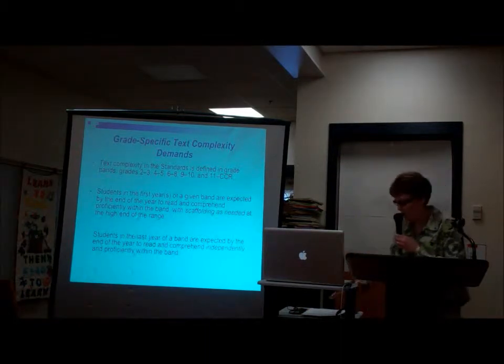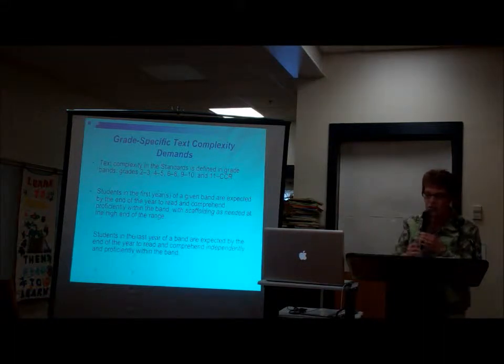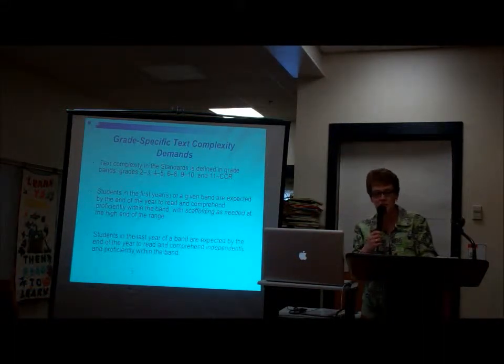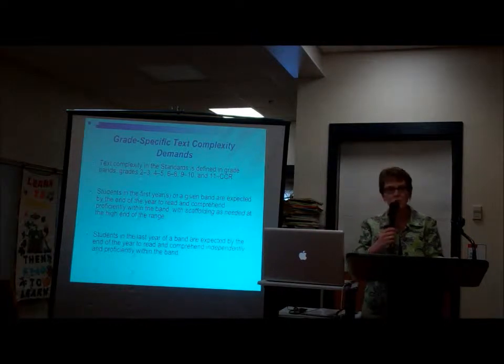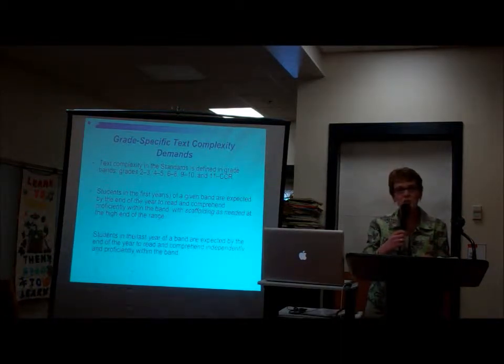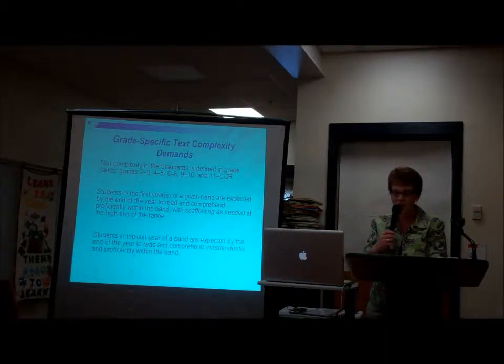What you have in front of you today is a handout entitled The Standards, Grade Specifics, Text Complexity Demands. This is going to serve as our visual today as we better understand how we're going to be leveling books or talking about books when we are taking over and looking at the Common Core.